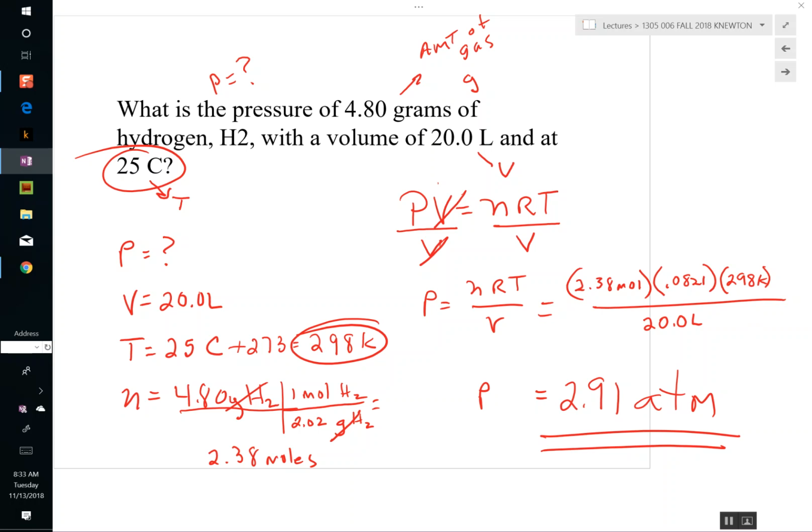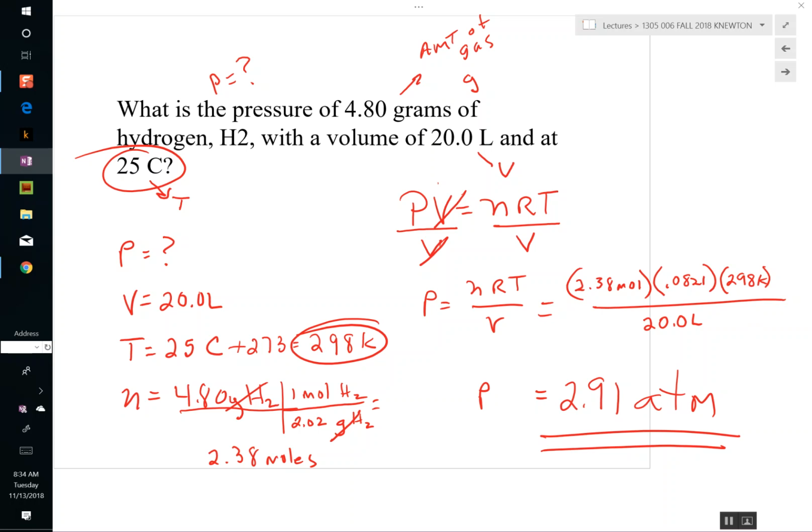But let's go back to this right here for a second. Let me get something to cover this up. So what law is that? No, V over n.